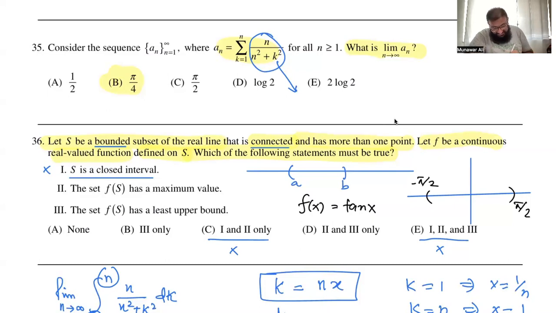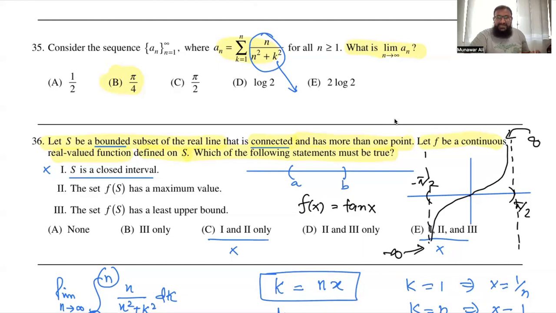So the graph of the function, now if I draw this line at pi by 2, and then the graph of tan x looks like this. So it goes to positive infinity here, and it goes to negative infinity here.